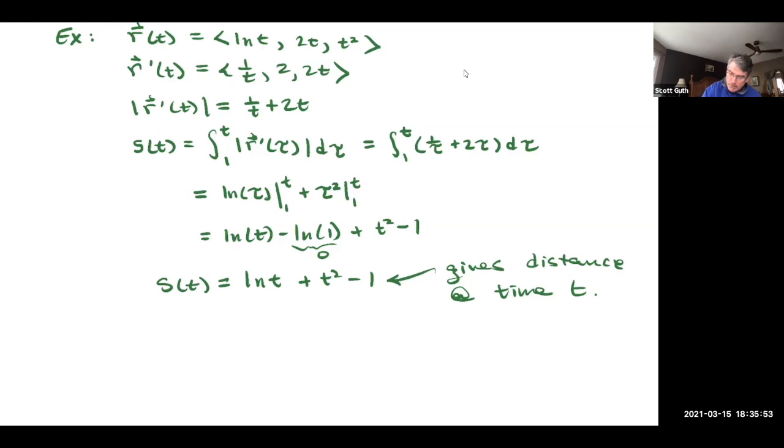I probably should have put absolute values around that, so I apologize. But again, t is positive, so it's not really necessary.